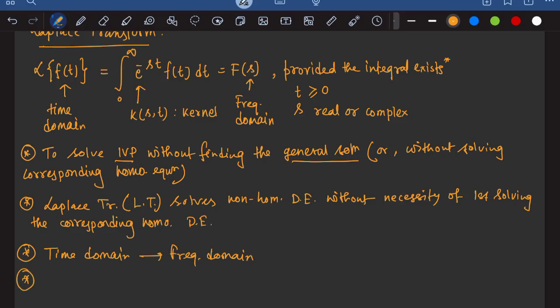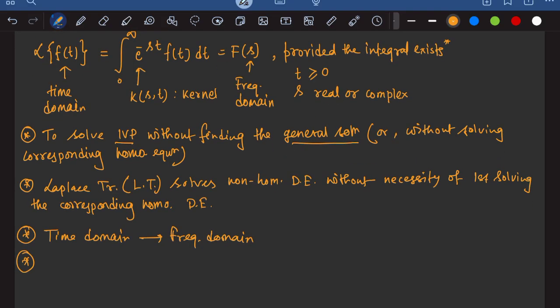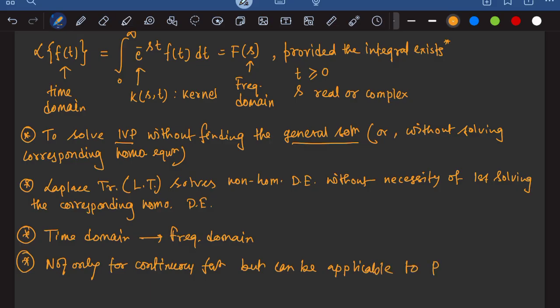Another advantage is that Laplace transformation is not only applicable for continuous functions, but we can apply it to piecewise continuous functions as well.